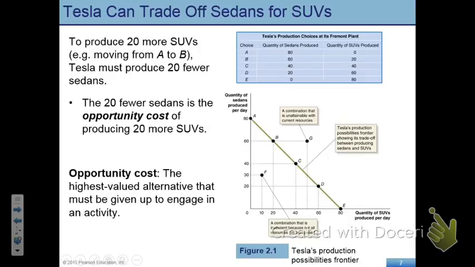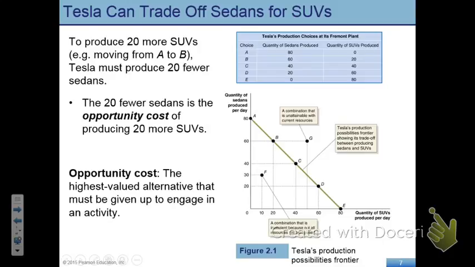We are trying to develop this idea of a production possibility frontier. By definition, our production possibility frontier shows the different combinations of goods and services that an economy or an individual can produce when all the resources are fully utilized.